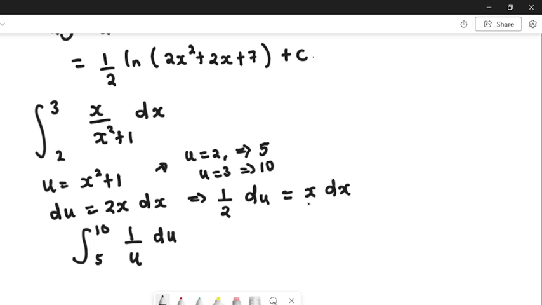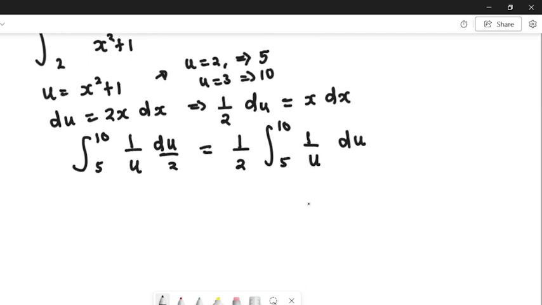So if du is over 2, we can factorize a half and get 1 over u du. You can use anything, you can use dt, dv, as long as you understand whatever you're doing, so it doesn't have any problem. So we have ln of u, but now it's from 10 to 5.